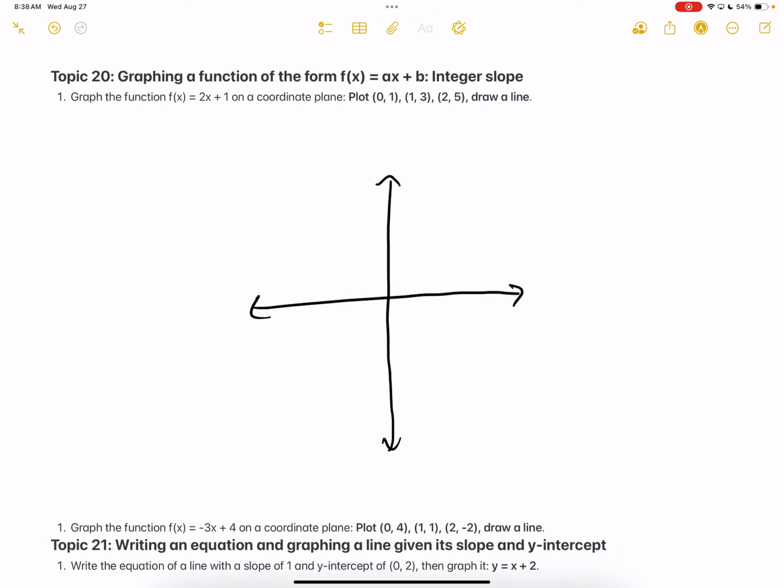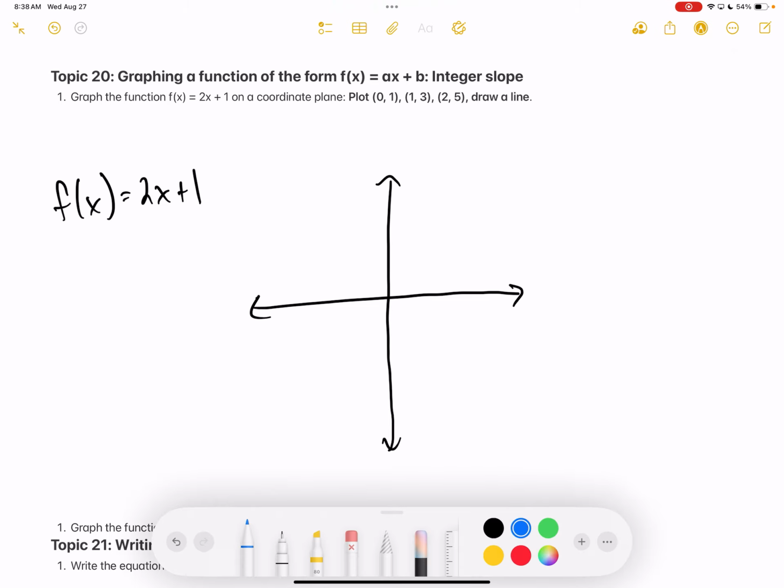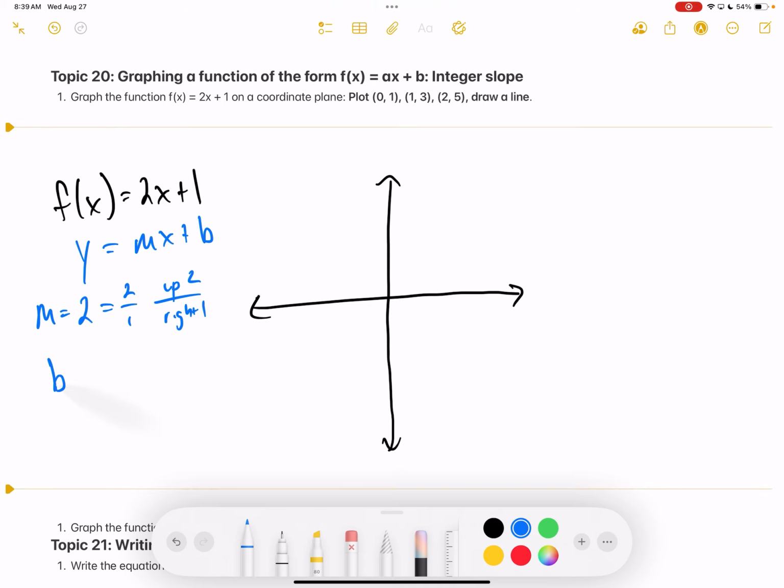This one, you may run into a couple of these. This is y equals mx plus b, just in function notation. So in this class, we do a lot of things with function, but it is just a different notation. Everything kind of works the same way. That f of x is the same thing as y. It's just, like I said, you think about input and output a little bit differently. So my slope is still 2, up 2 to the right 1, and my y-intercept is 1.